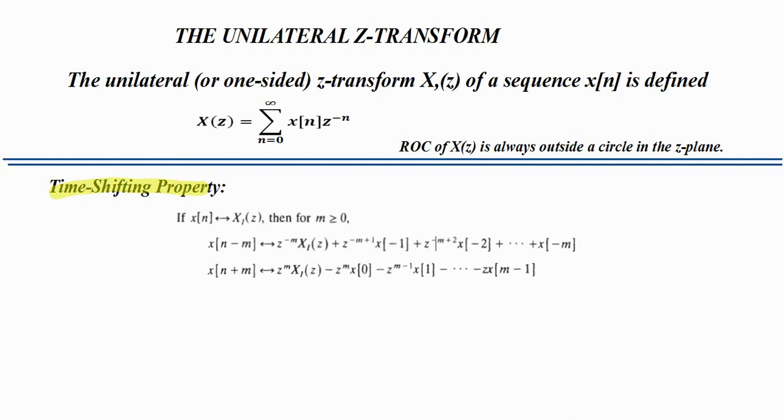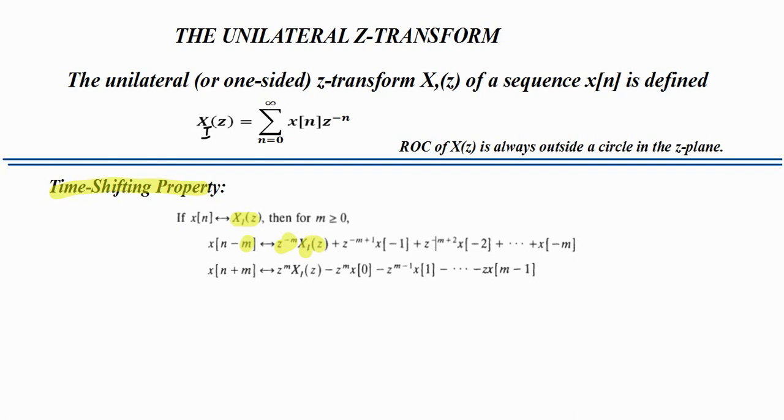For example, if x 1 of z is a one-sided z transform of x of n. Here also I need to indicate it's a one-sided z transform. Here you can see x of n minus m, a time shifted version of the signal. Then its one-sided z transform will be z raised to minus m into x 1 of z.